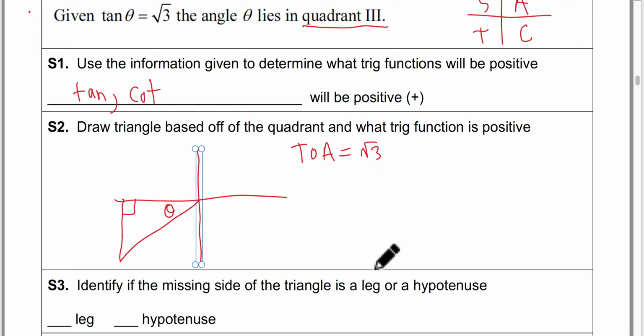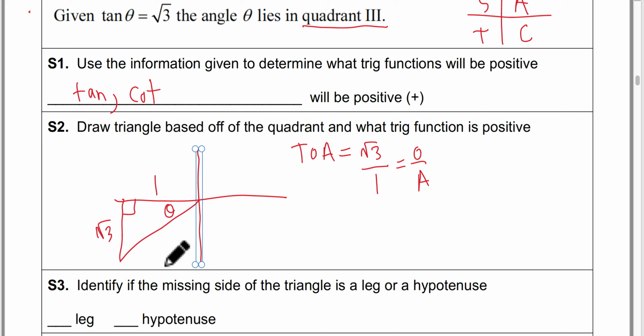Well, what's the denominator of square root of 3? You're right, it's 1. So square root of 3 over 1. So that means opposite over adjacent, which is TOA, is equal to square root of 3 over 1. So my opposite is square root of 3, and my adjacent is going to be 1. Cool. We got that locked in.